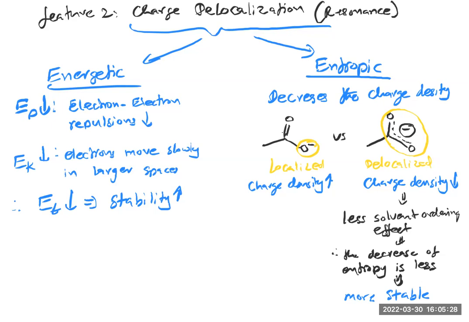On the other hand, it has an entropic stabilization as well. When we have charge delocalization, the charge density is decreased. When the charge density is decreased, the solvent organizing effect is less. When the solvent organizing effect is less, the decrease of entropy when that ion is in water will be less. Therefore, it's going to be more stable. And that's how feature 2 increases the stability of the conjugate base.